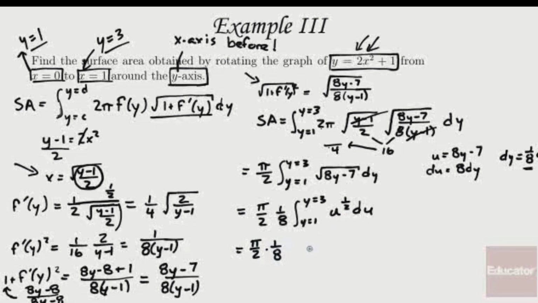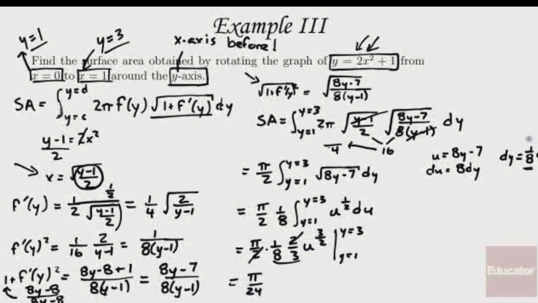The integral of u to the 1/2 is u to the 3/2 divided by 3/2, which is the same as multiplying by 2/3. And we want to evaluate that from y equals 1 to y equals 3. So I can simplify a little bit. My 2's cancel. We get pi, combine the 3 and the 8 to give 24. So that's pi over 24.